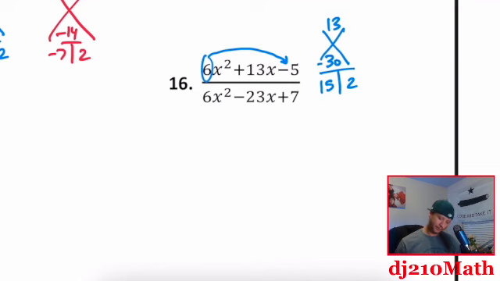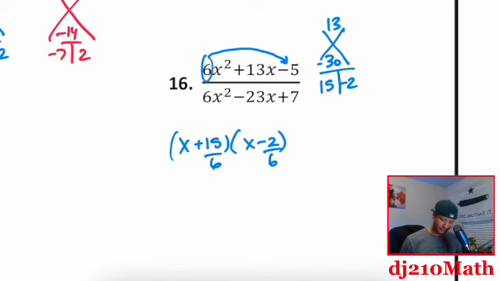One's negative, so negative 2. So on the top, we have x plus 15, x minus 2. However, because we slid the 6, we need to divide the 6 and reduce.